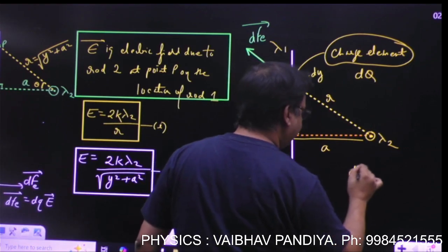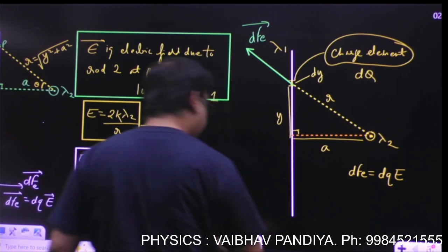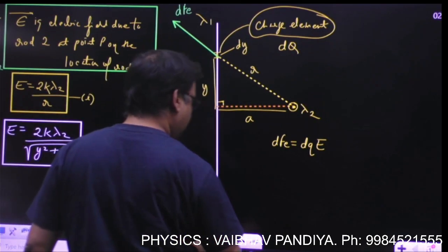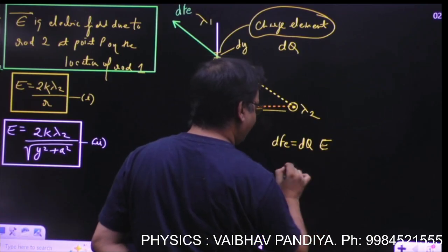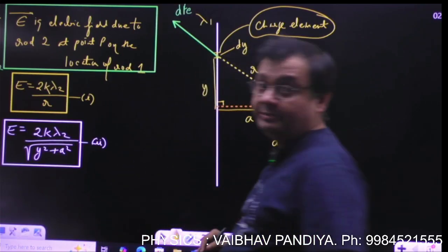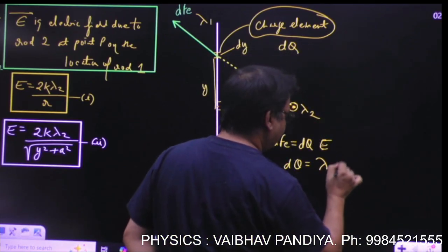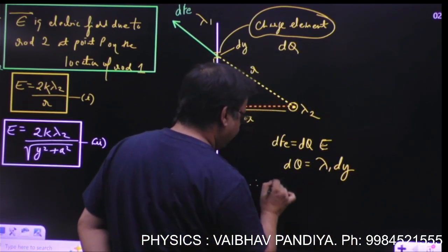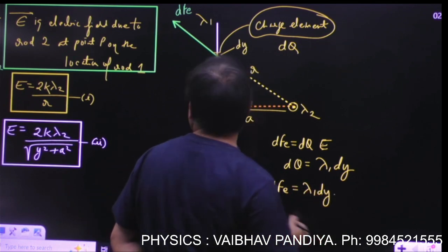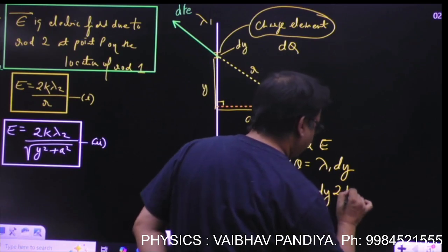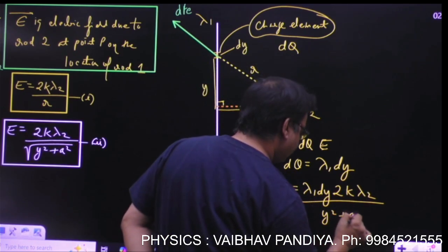Now what will be dF_E? dF_E will be dq times E, correct? Now what will be dq? dq is the charge element on rod 1 where the thickness is dy, so dq will be lambda 1 times dy. Therefore dF_E would be lambda 1 dy times the electric field, which is 2k lambda 2 divided by under root y square plus a square.